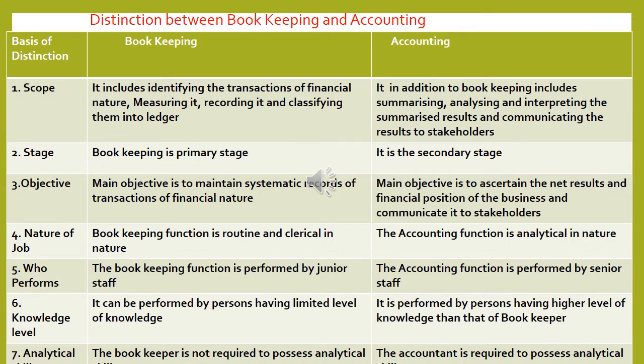First of all, we have to identify the transaction, whether it is a monetary transaction or whether we can measure it in terms of money. If possible, then we will record it, that is journalizing, in the books of accounts. Then similar transactions are grouped, that is classifying, and recorded in ledger books.